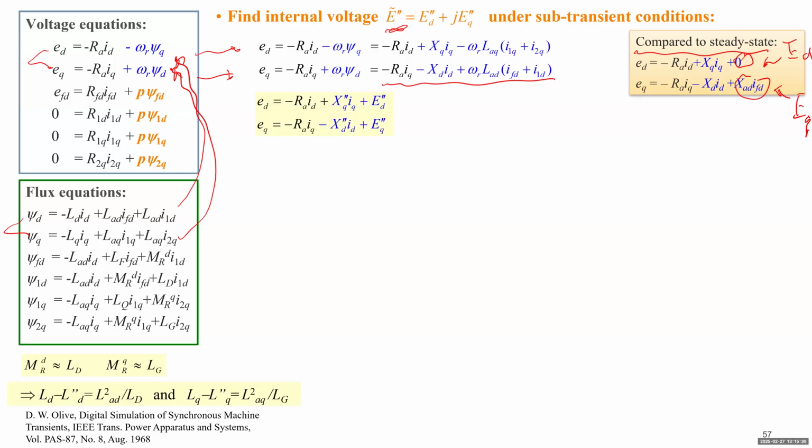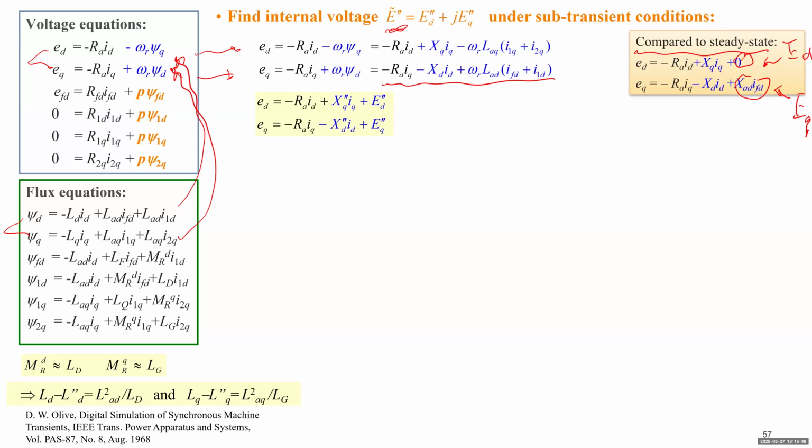What we can do is remove all the black part, which is something we're already clear about. We'll keep those R anyway, those resistances, since it's pretty clear they represent the loss inside the generator. So we keep that one.